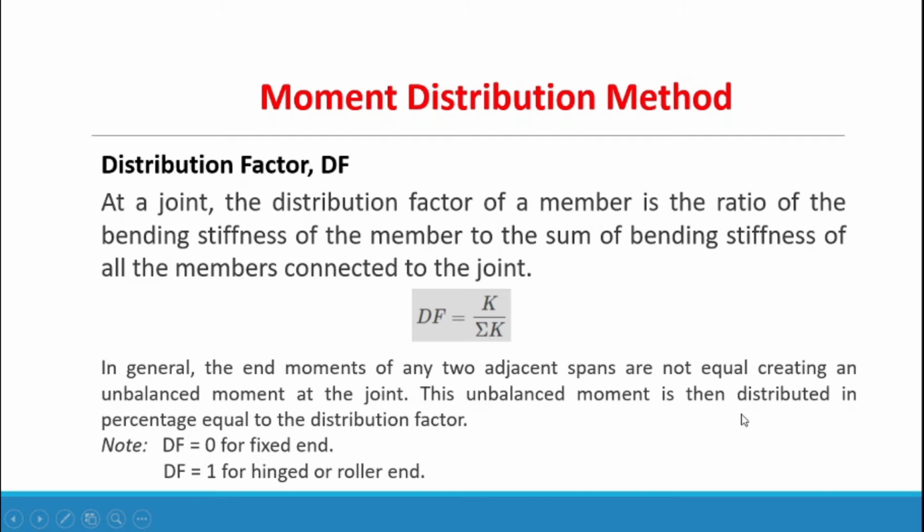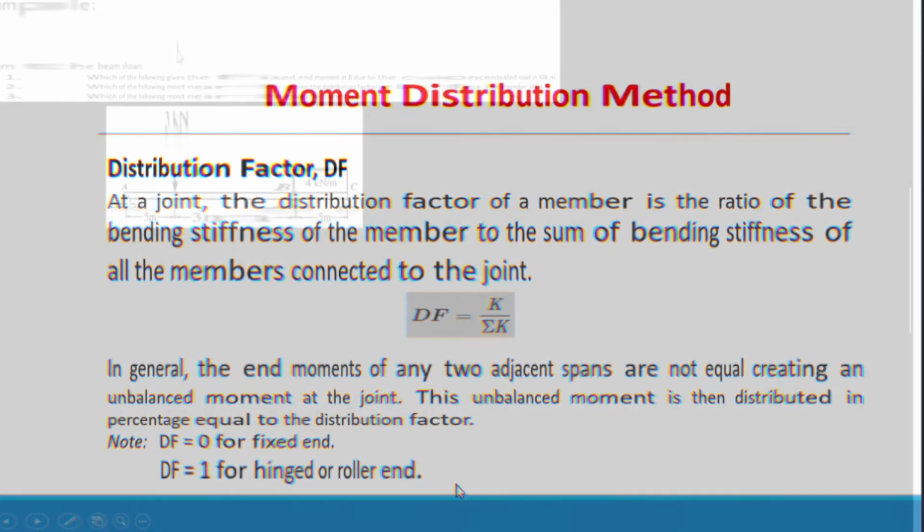The unbalanced moment is then distributed in percentage equal to the distribution factor. However, take note that the distribution factor is equal to 0 for a fixed end, while the distribution factor is equal to 1 for a hinge or roller end.